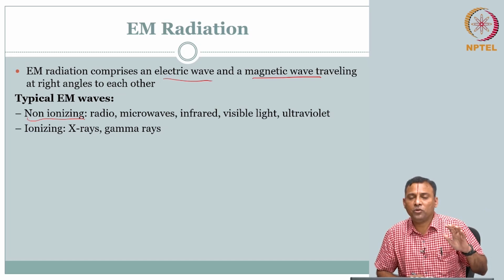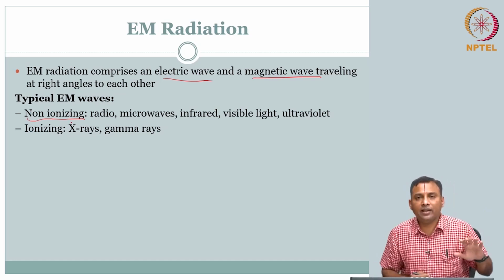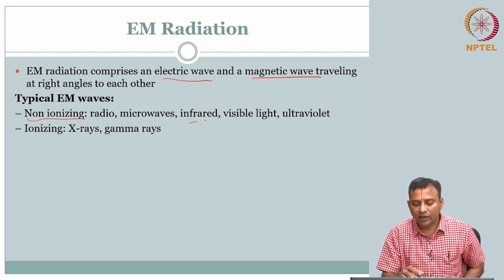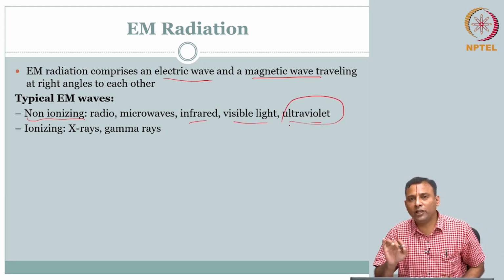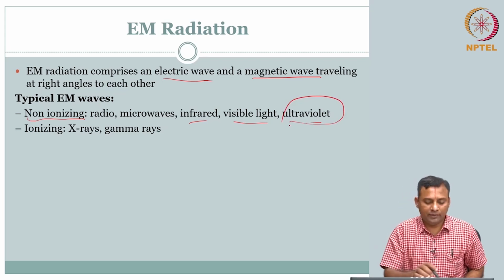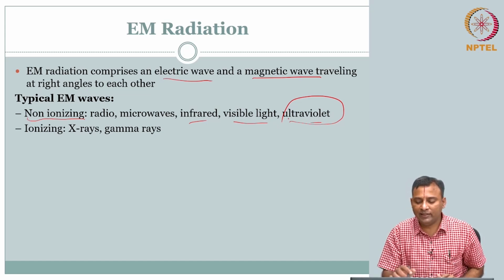Okay. So in that context, non-ionizing are radio waves, microwaves, infrared, visible and ultraviolet. Ultraviolet, when you push to the limits, we still have to be careful, but it is considered non-ionizing until here.